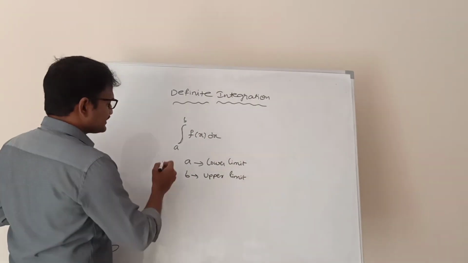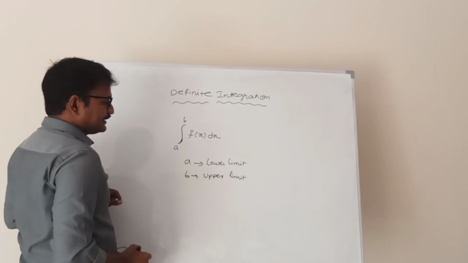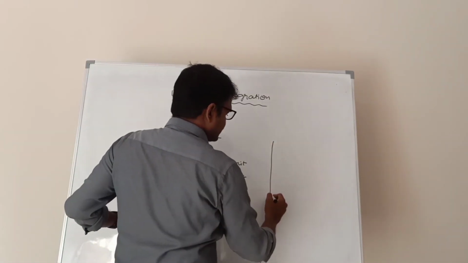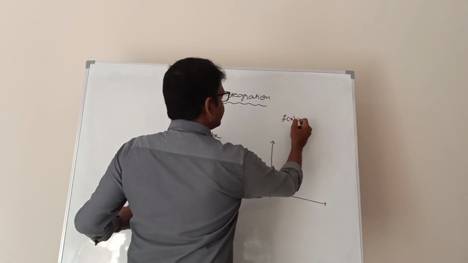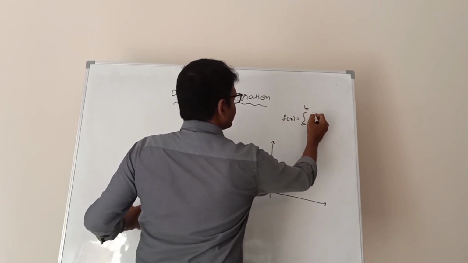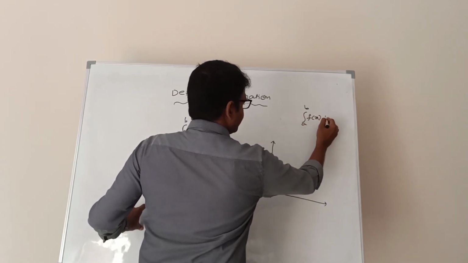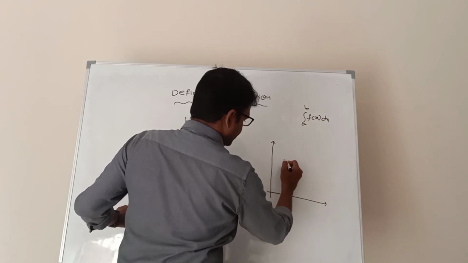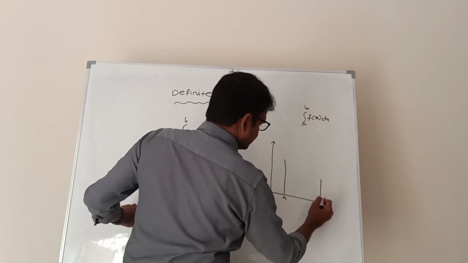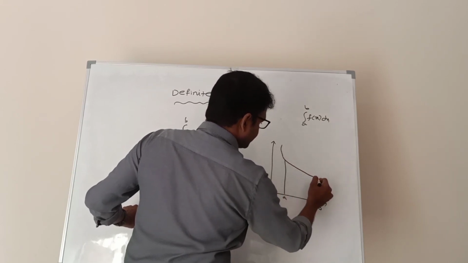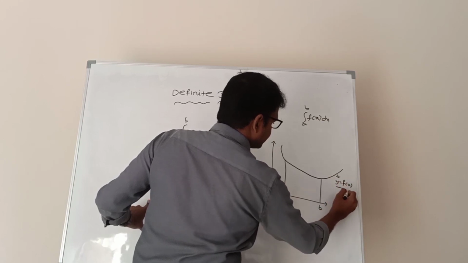It is called definite because it gives the value of the given function, or the area bounded between a to b. Suppose f of x is a continuous function from a to b. See, this is a and this is b, and this is y equals f of x.